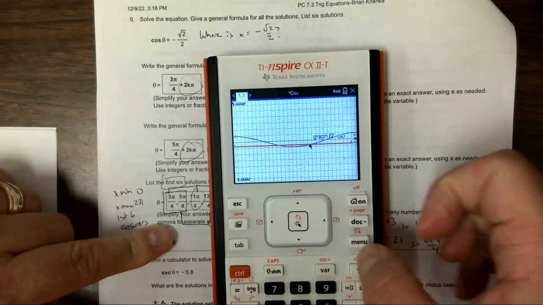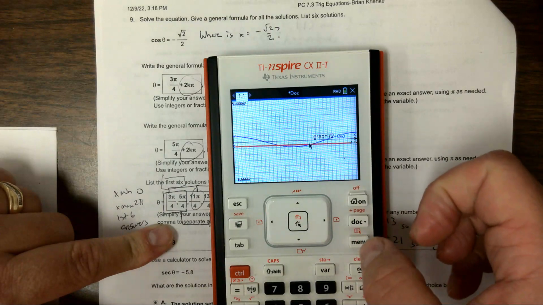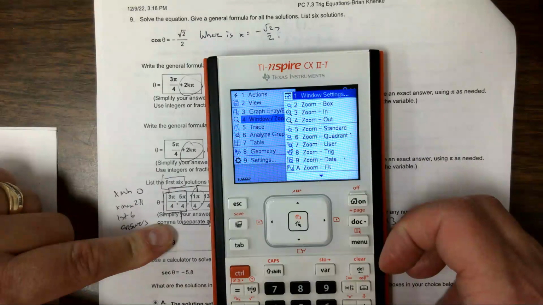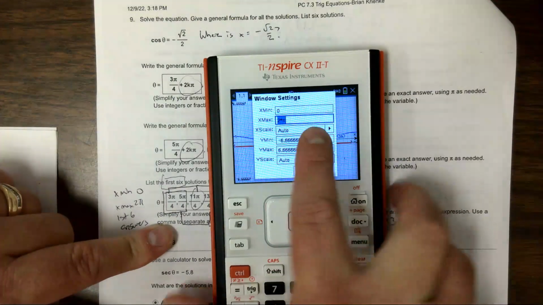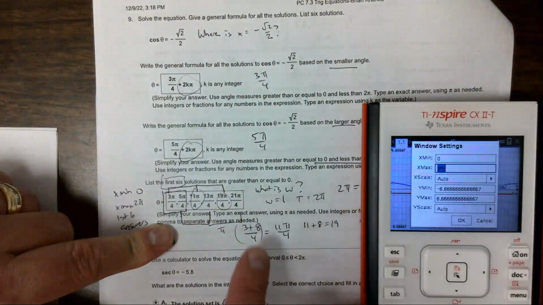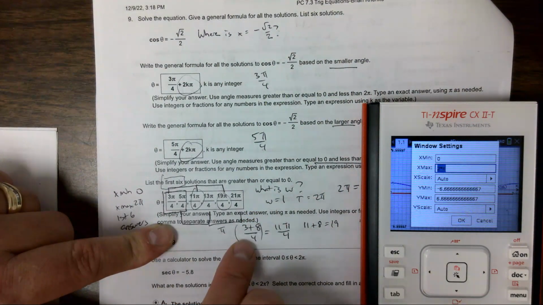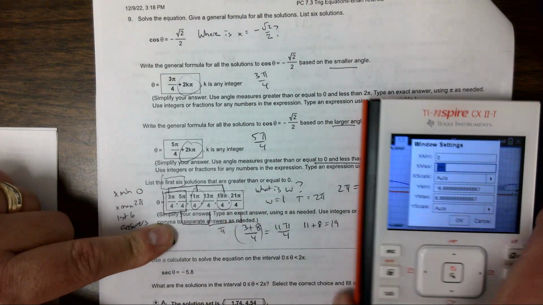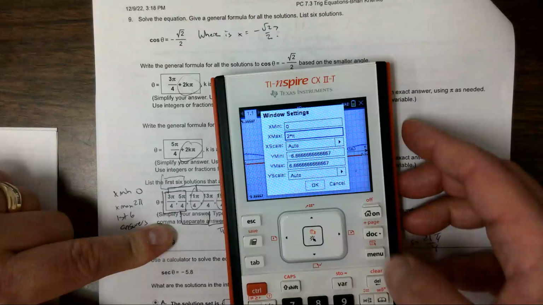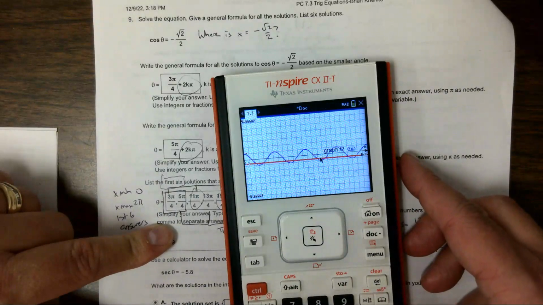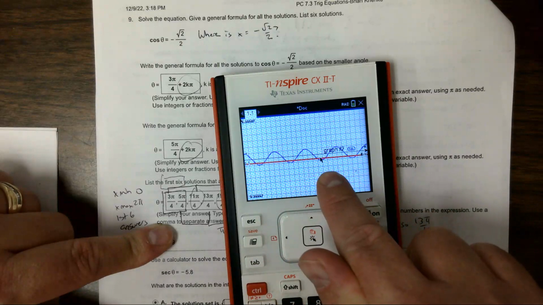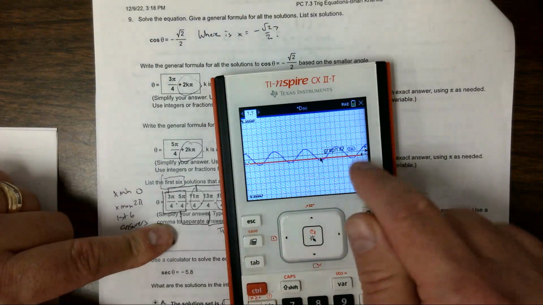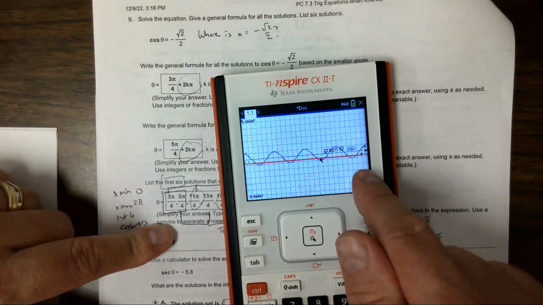But then when we expand this, we want when k was 1 and 2. So if k were 2, we'd probably want this to be 8 pi. And so there you see 1, 2, 3, 4, 5, 6. I guess I did too much, 7, 8. We just want the first 6.